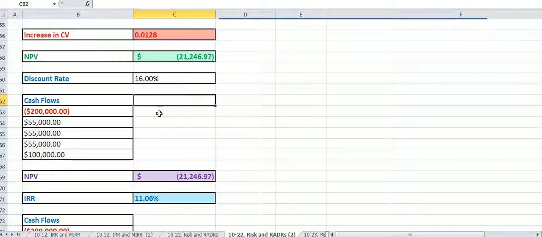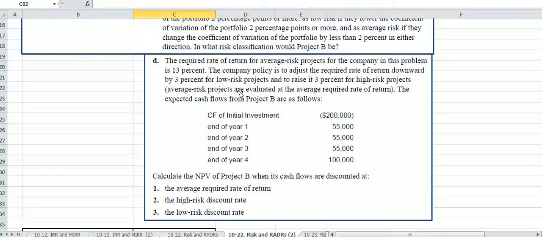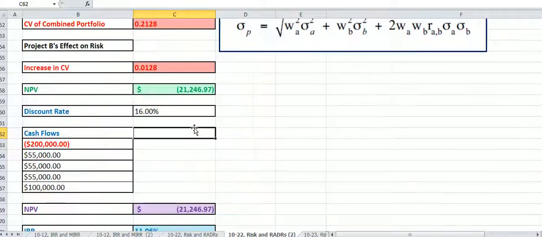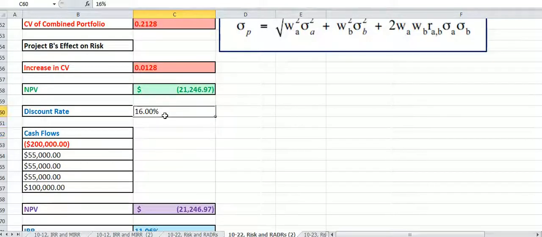So if we go down to our low risk, which is 13 minus 3, 3 points below the average, which is 10, you'll see that that's going to be positive. So put that right here.